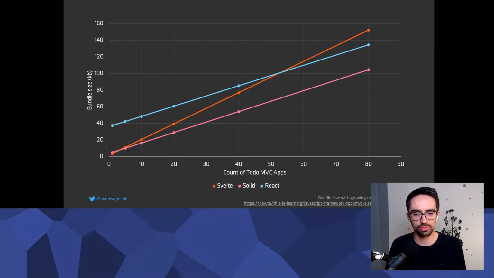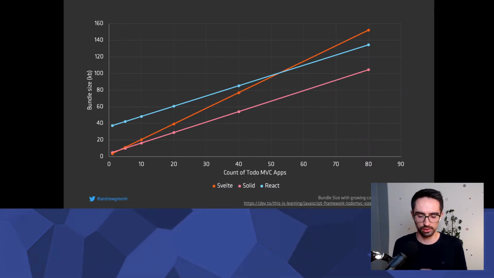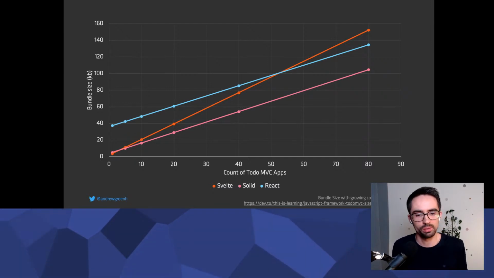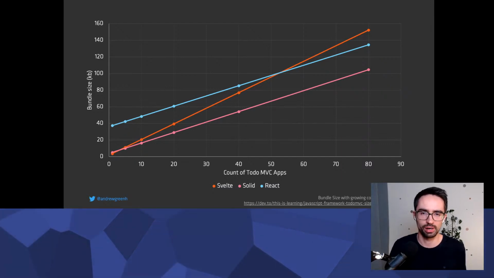But you can really see in the left part of the chart that when you want to build applications with a very low bundle size, then Solid and Svelte really are just the better choice, because they give you so much more headroom to build stuff before you reach your bundle size threshold.